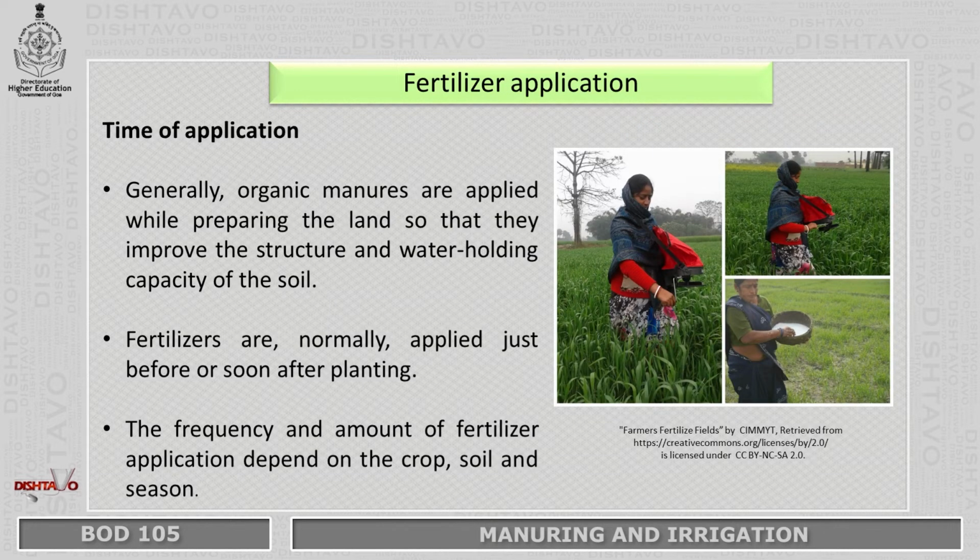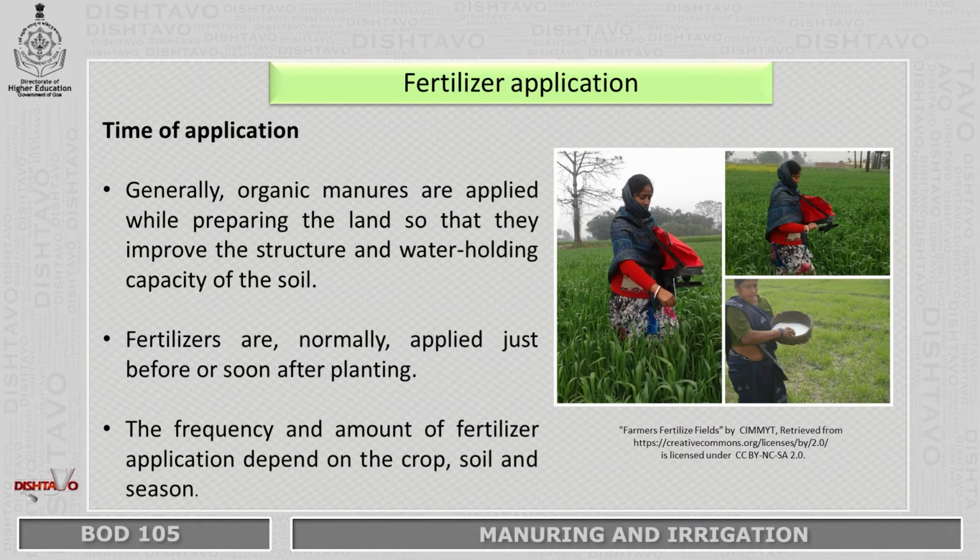Fertilizers application. The time of application of fertilizers is very important. Generally, organic manures are applied while preparing the land so that they improve the structure and water holding capacity of the soil. When we use fertilizers, they are normally applied just before or soon after planting.